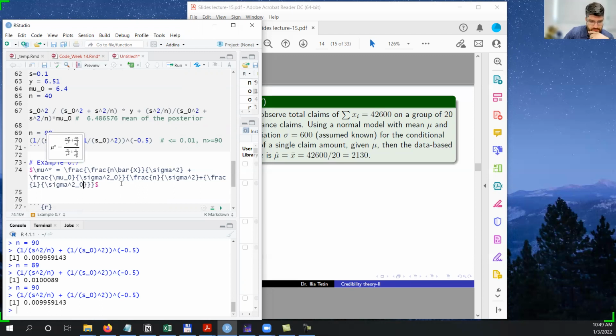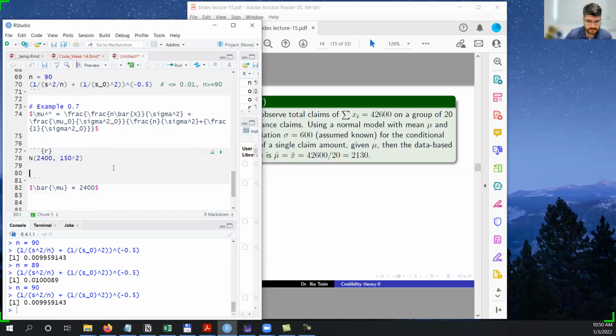So if we are using this kind of formula, n x bar over sigma squared plus mu 0 over sigma squared 0, over n over sigma squared plus 1 over sigma squared 0, this is the Bayesian estimator of mu, and actually we should obtain the value of mu 2250.